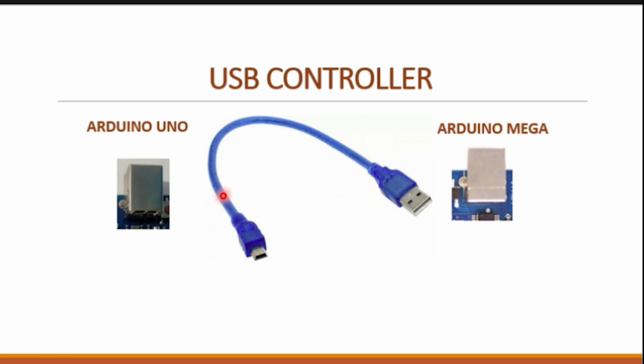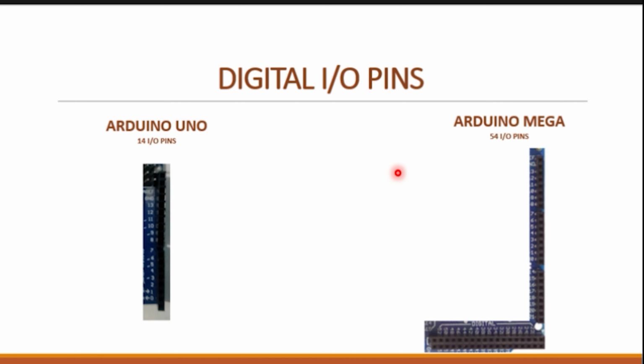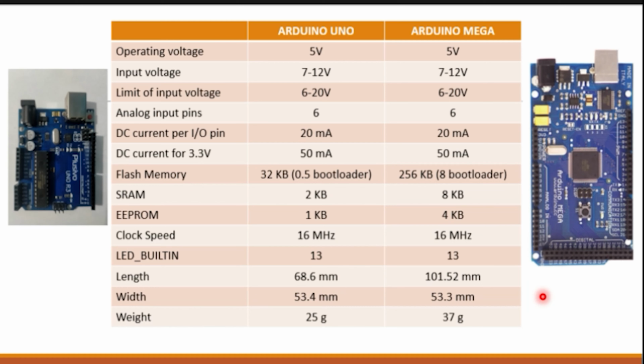It has the same USB cable and input ports. In its digital input or output pins, the Arduino Uno has 14 input or output pins, while the Arduino Mega has 54 input and output pins.